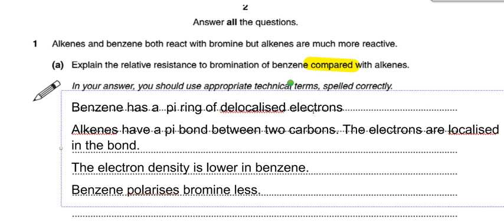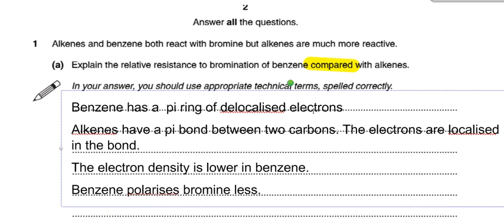They've given you a lot of space to write, but essentially it's just 4 very key points. Benzene has a pi ring of delocalized electrons. Alkenes have a pi bond, and the electrons are localized. And the electron density, therefore, in benzene is lower.